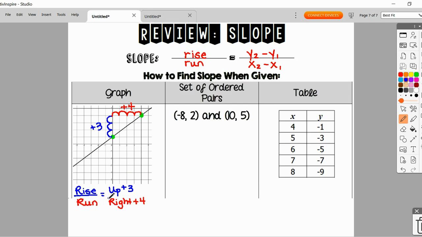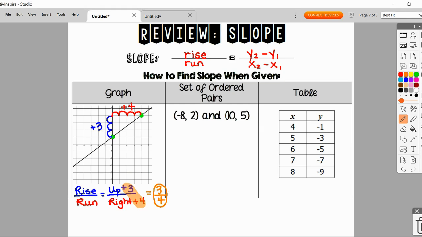From here, I simplify that fraction down. I take the +3 and divide it by the +4. When it comes out to a decimal, please just leave it as a fraction. So your final slope answer for this one is 3/4.